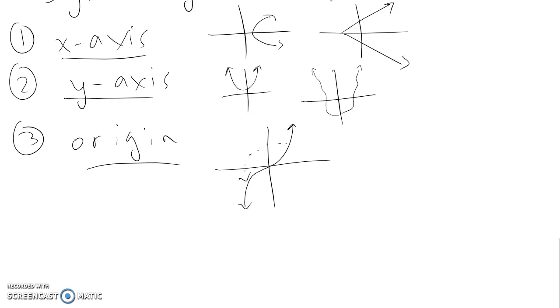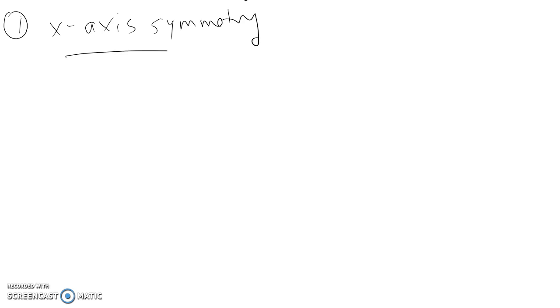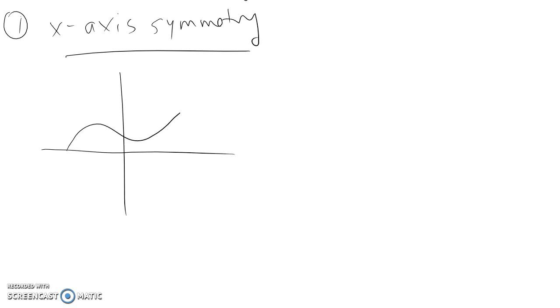Okay. Let's talk about each one of these types of symmetry separately. Alright, so number 1, x-axis symmetry. I'm going to draw another picture of some x-axis symmetry. I want you to notice something.